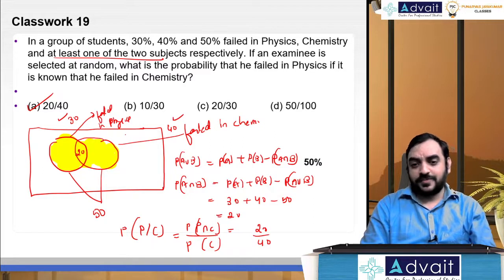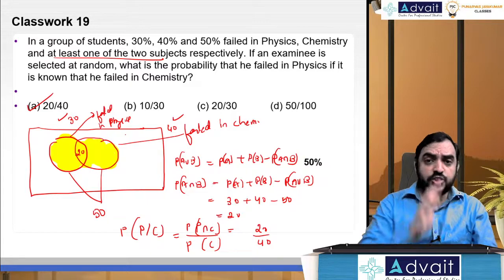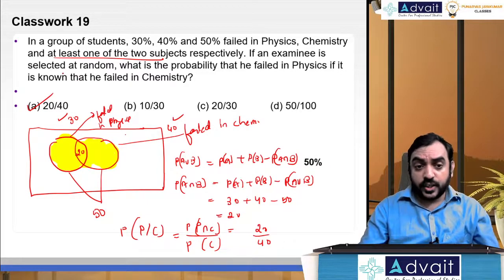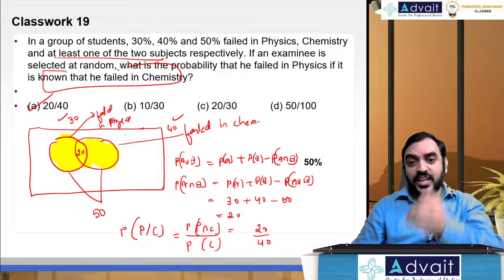Completed? Any doubts? Whichever event took place, that should be the denominator. That is the key point. Given that, known that, whatever is known, that will come in the denominator.